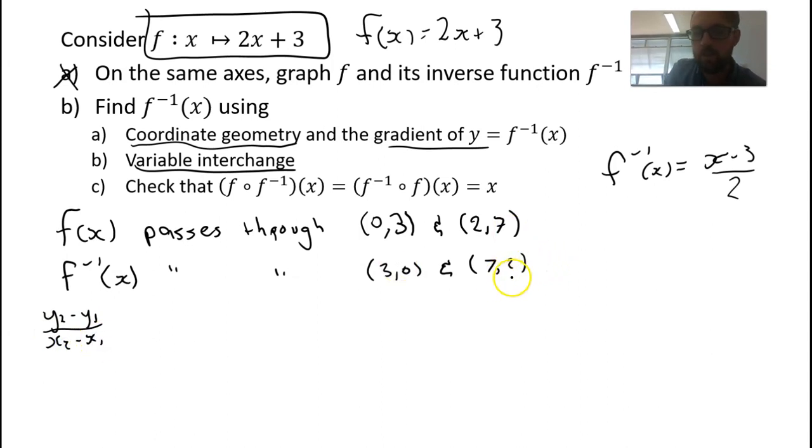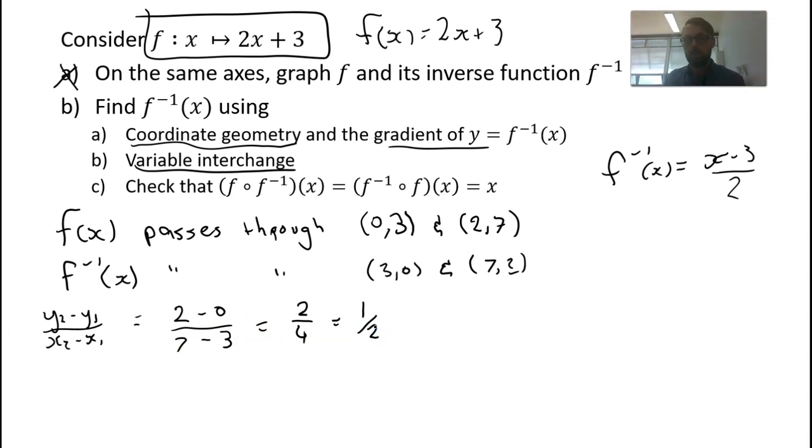So let's have a look. Our y2 is 2, take away our y1 is 0, 2 take 0, divided by our x2 is 7, minus our x1 is 3. So we get 2 take 0 is 2, divided by 7 take 3 is 4. 2 over 4 equals 1/2.